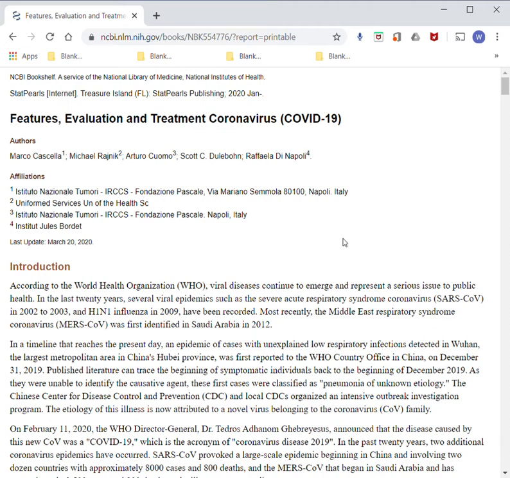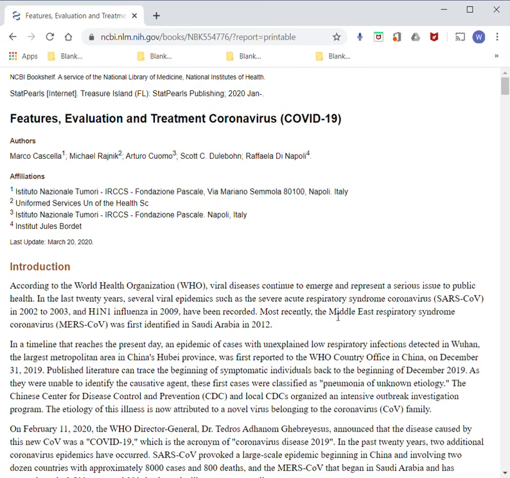Okay, so number 1, according to the World Health Organization, WHO, viral diseases continue to emerge and represent a serious issue to public health. In the last 20 years, several viral epidemics, such as the severe acute respiratory syndrome coronavirus, look at that, that's number 2, in 2002 to 2003, and H1N1 influenza in 2009 have been recorded.